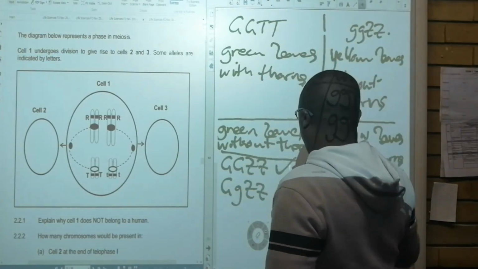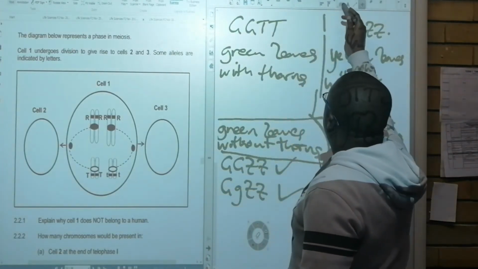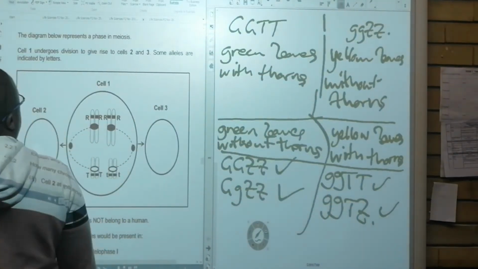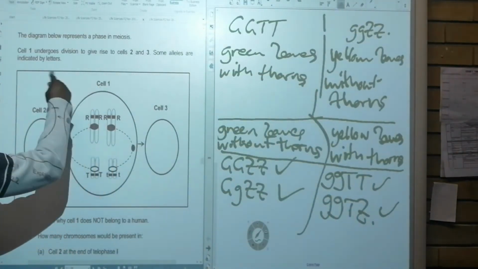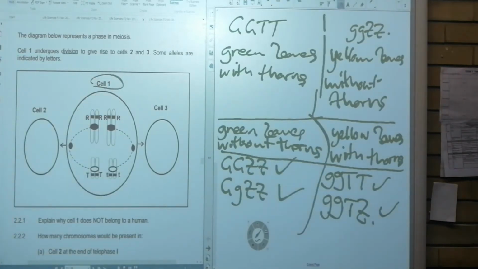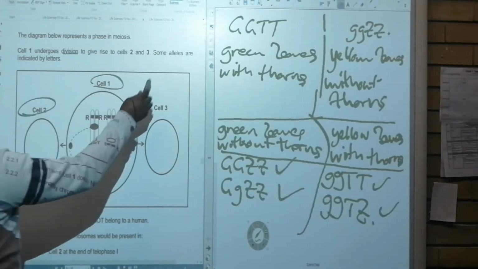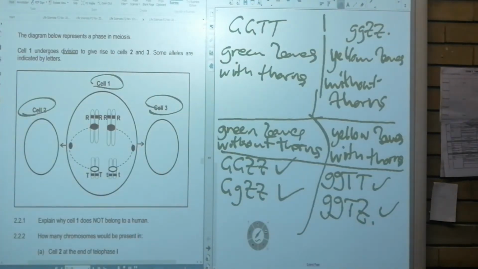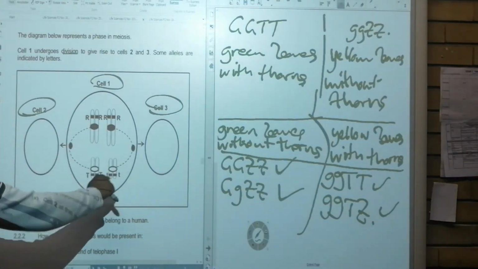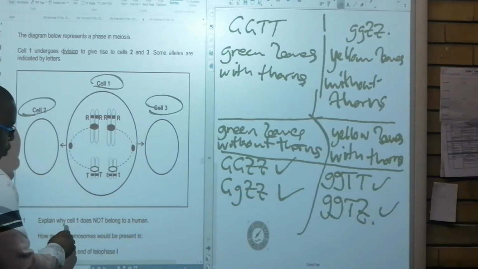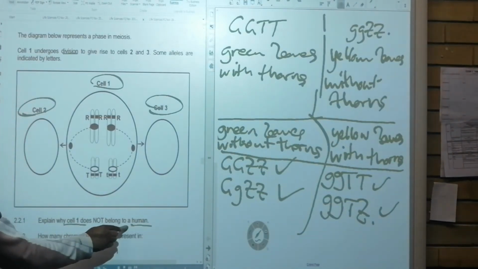Right. The diagram below represents a phase in meiosis. Cell 1 undergoes cell division to give rise to two cells, cell 2 and cell 3. Some alleles are indicated by letters. Explain why cell 1 does not belong to a human.